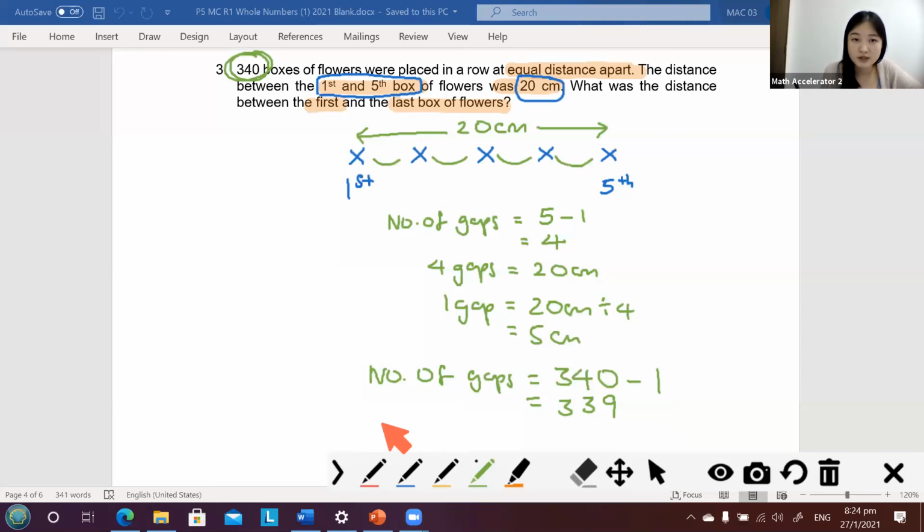So your final answer, the total distance. What will you do to find the total distance? You have all the answers over here already that you need.